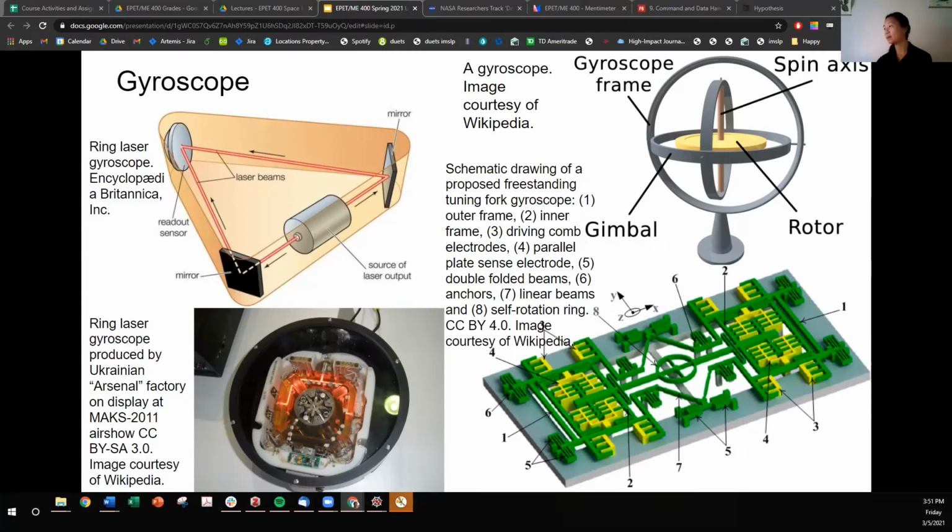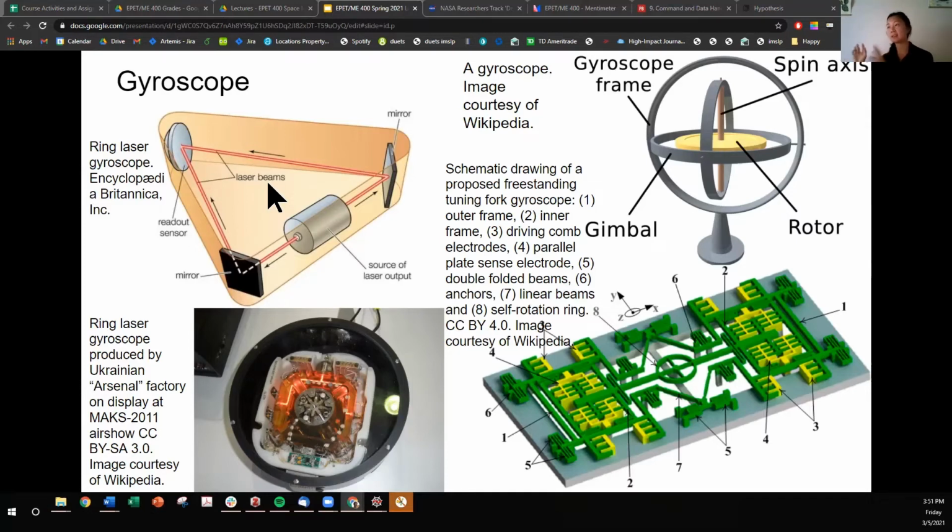So one of the ways to do it is with a ring laser, where your angular velocity is going to contribute to, okay, physics lesson: your angular velocity is going to contribute to this system, which is your gyroscope, and within the spacecraft, its frame is going to accelerate.